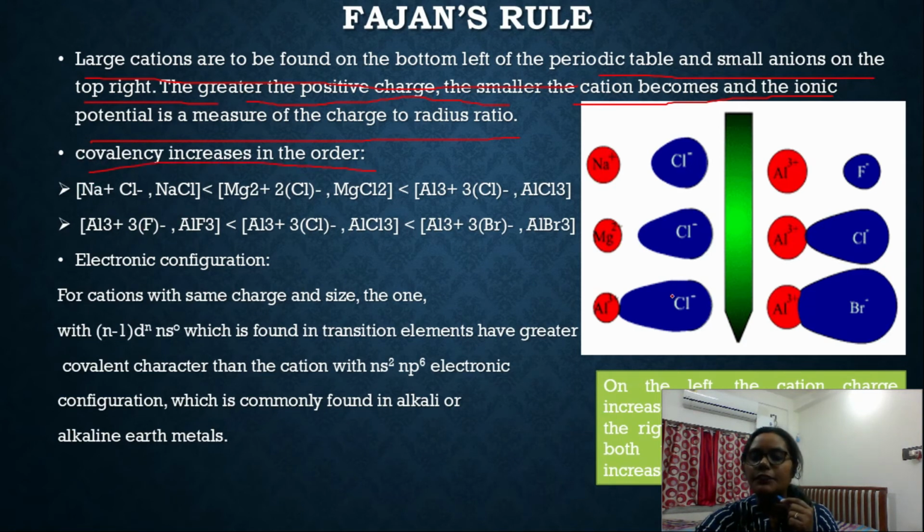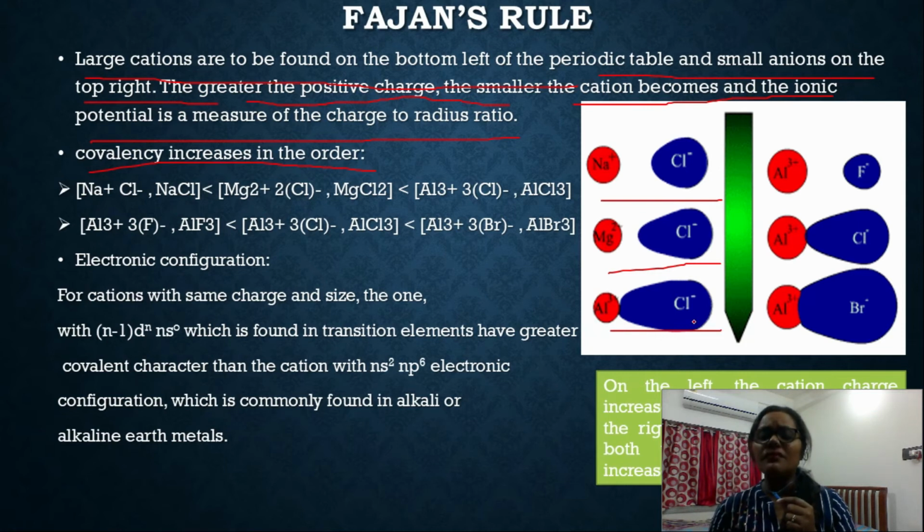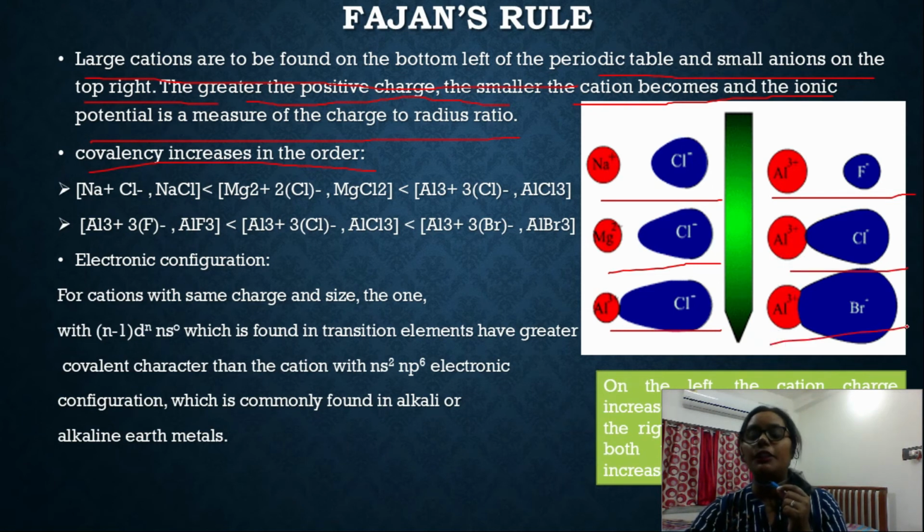You can see this picture. Look, sodium chloride, ionic character. Magnesium chloride, aluminum chloride. For aluminum chloride, the distortion is higher. That means for aluminum chloride, the covalent character will be higher. Here also you can see aluminum fluoride, aluminum chloride, and aluminum bromide.